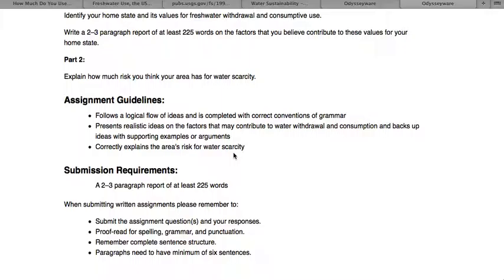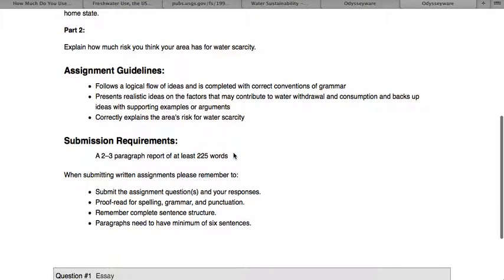If you just want to make it all one big paragraph and make it flow like that, I'm okay with that. Here it says paragraphs need to have a minimum of 6 sentences. I'm not going to stick hard and fast with that rule, but generally speaking, a paragraph should have at least 4 sentences. And if it's more than that, that's cool too.